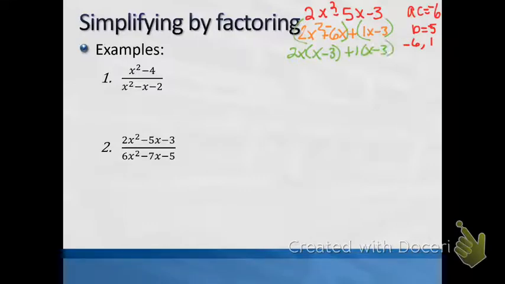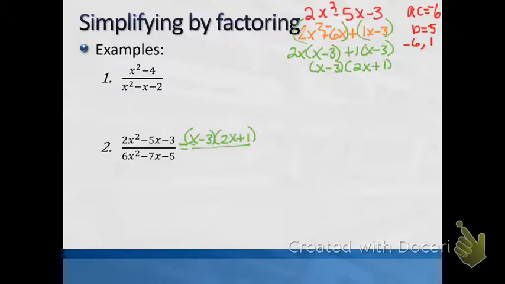We've got our common binomial of x minus 3, and then when we factor that out, we'd be left with a 2x plus 1. So our numerator factors into x minus 3 times 2x plus 1.